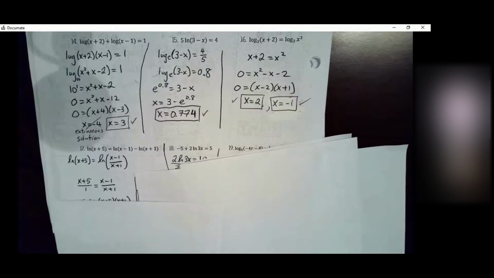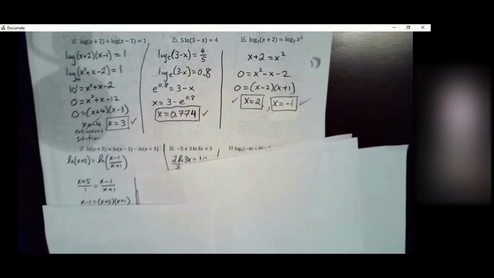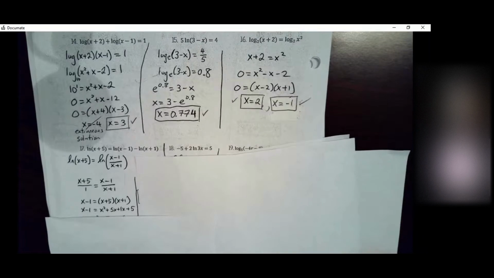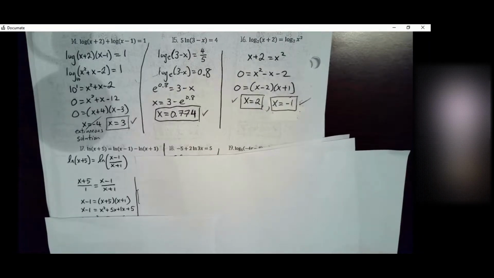X squared plus 6x plus 5 equals x minus 1. What do I do after that? Just like before, get everything over to one side.